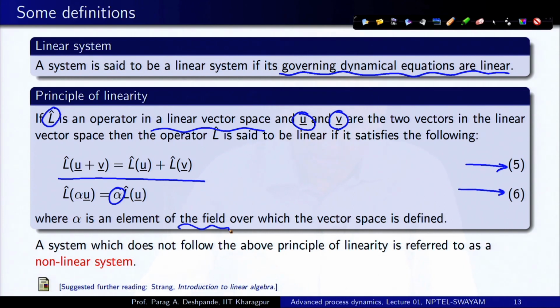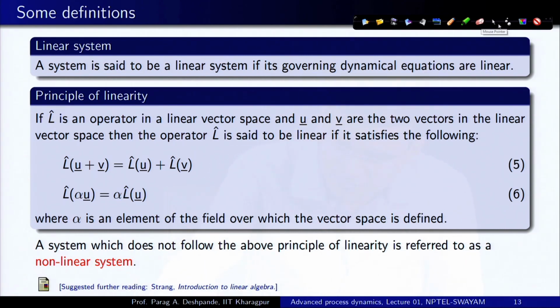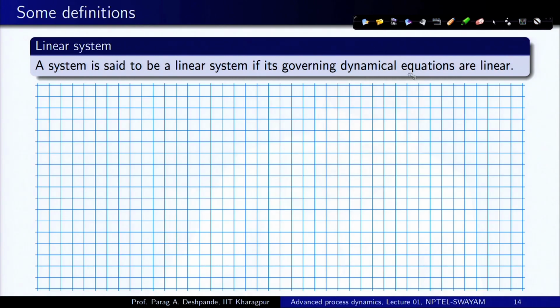Let us quickly look into how we can actually establish this. Let me say that I have a model equation which goes like this: d 2 x by d t squared plus a x is equal to 0.